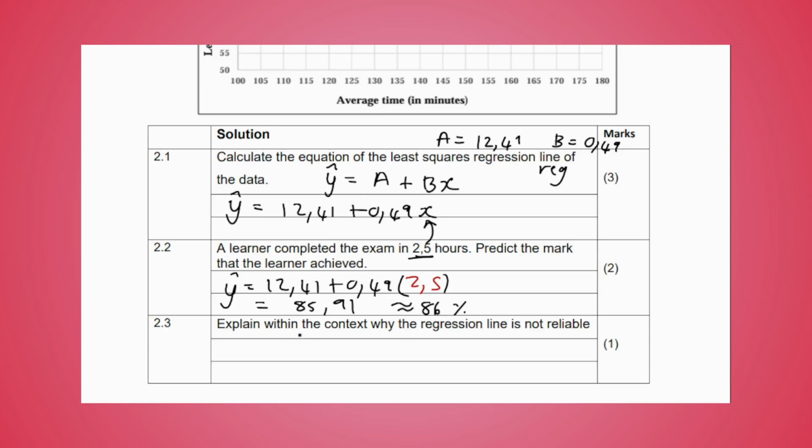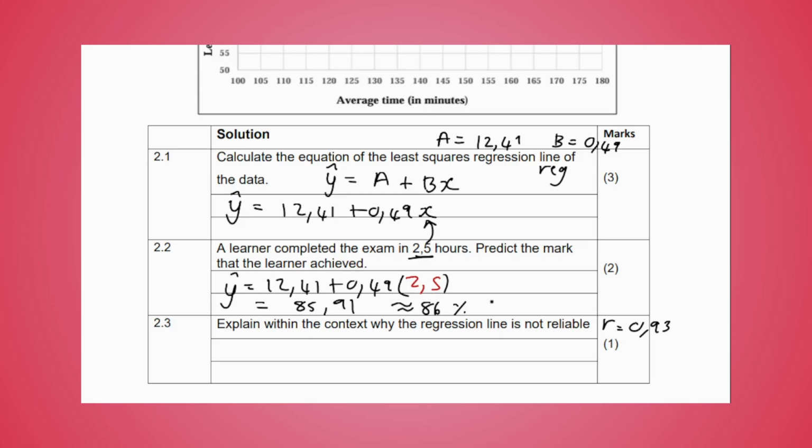Then they ask you to explain within the context why the regression line is not reliable. We were open to what you said here. Some people said it is actually reliable because when they calculated the correlation coefficient, they would have gotten 0,93, which is quite a strong regression line. But they ask you, why is it not reliable?